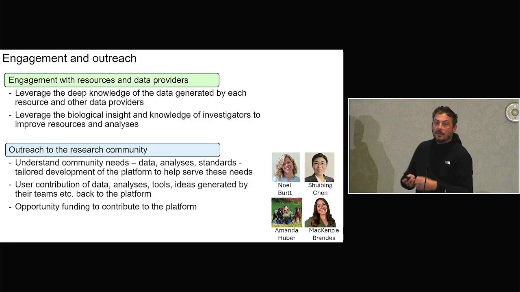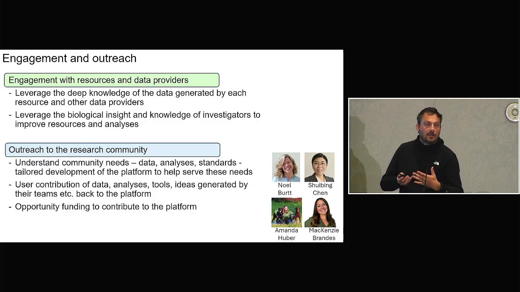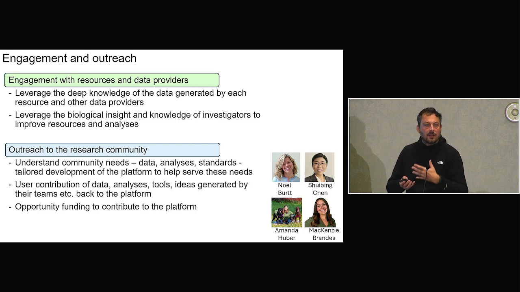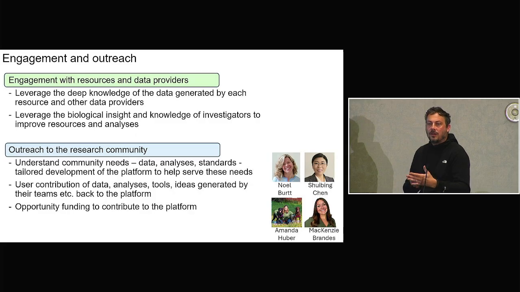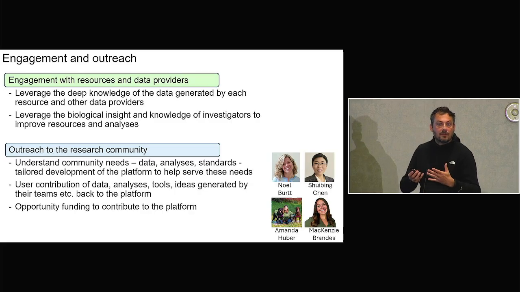Okay, there's also a quite extensive engagement and outreach effort as part of this project, and I think that comprises two things. So first, engagement with the resources and data providers directly to understand the data that they generate, understand provenance, understand the metadata they're collecting, so we can do a better job of representing all this information back to the community, as well as improve our harmonization of this information across different resources.